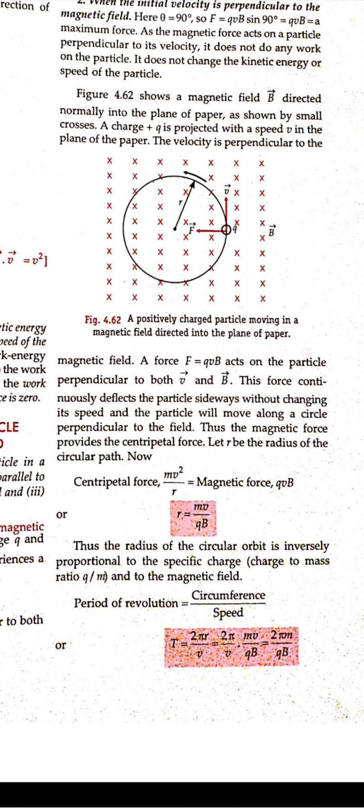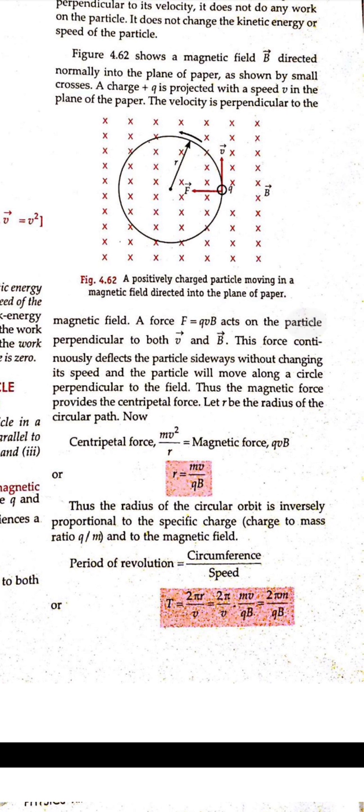So what is it deflected with? It is deflected with some force towards the center, and that force is the centripetal force. We know that the magnetic force provides the centripetal force on that charge. So the speed does not change, but it provides the force towards the center.